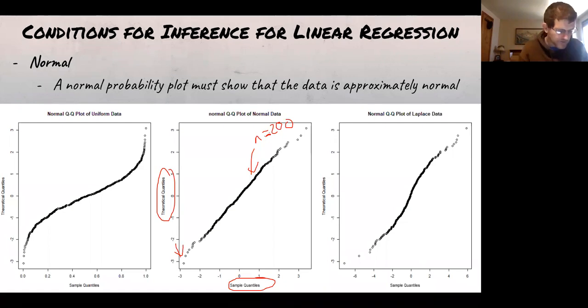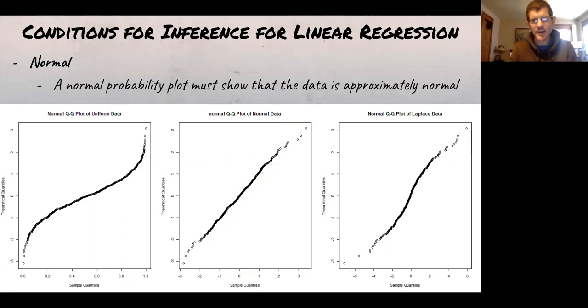Anyways, the lowest one should be at this, and the highest one should be right there, and all the others should distribute along the way. Those are the theoretical values. If your sample actually follows the theoretical, you're going to get a straight line. And this one follows a pretty close straight line.